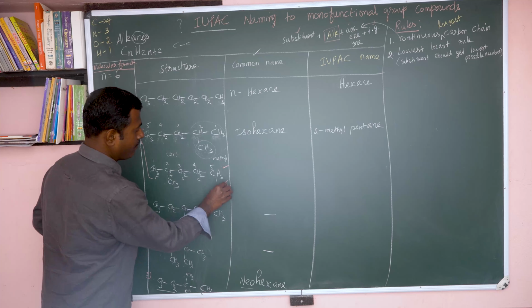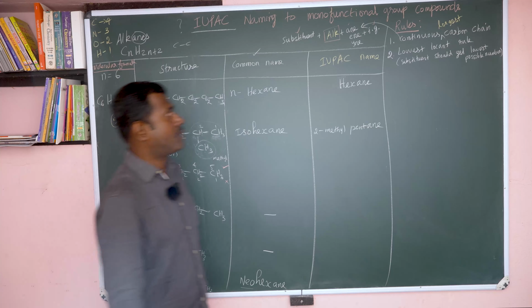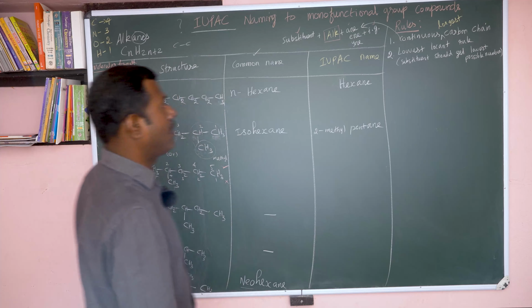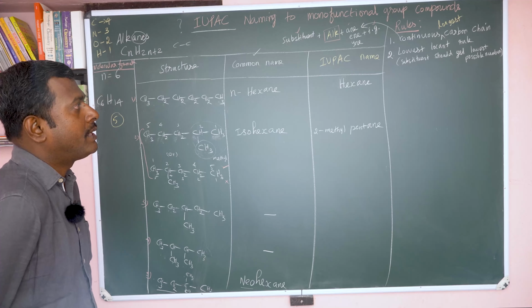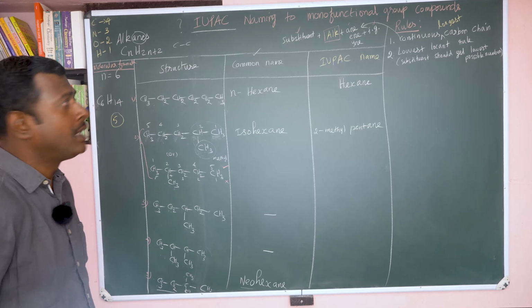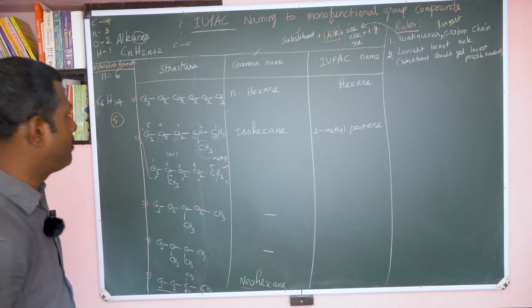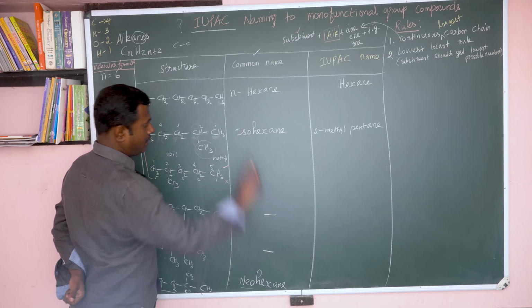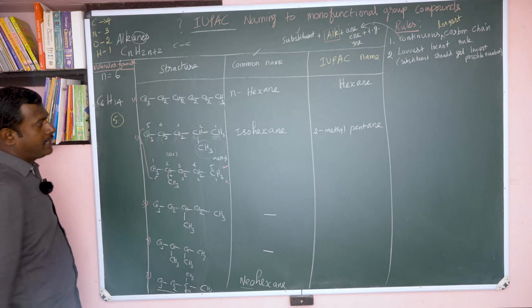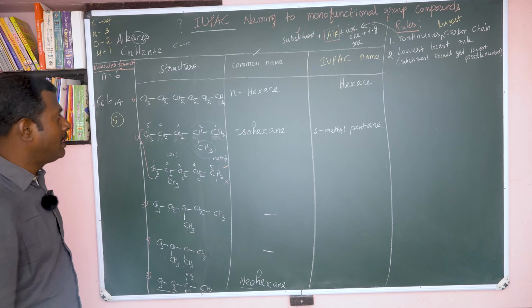Actually, this is wrong. You have to follow rule number 2, the lowest locant rule. While numbering, the substituent should get the lowest possible number. So this is also 2-methylpentane. The IUPAC name of isohexane is 2-methylpentane.